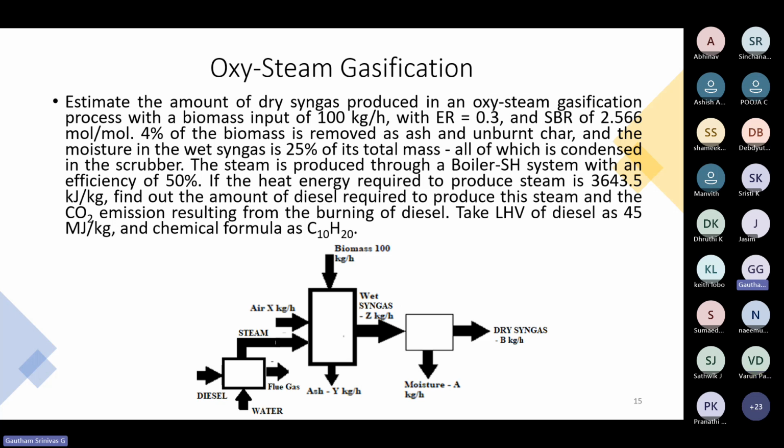So you have oxygen, you have steam, and how do you calculate the ash? The ash can be calculated by subtracting Z from X plus steam.